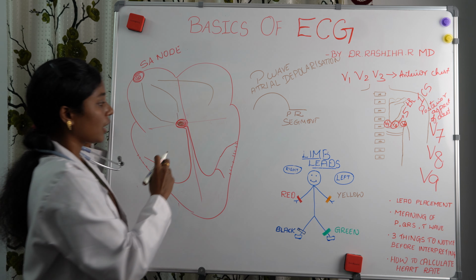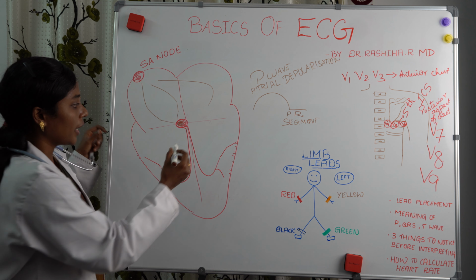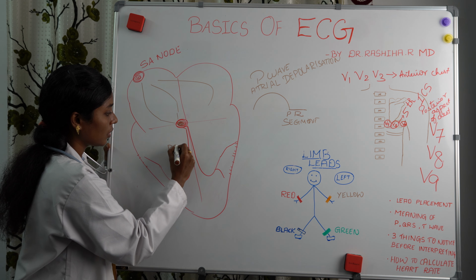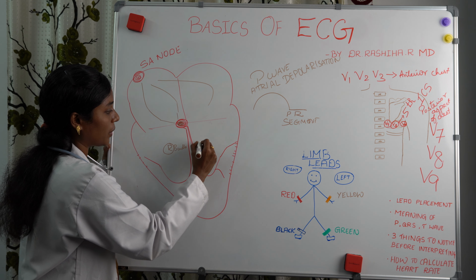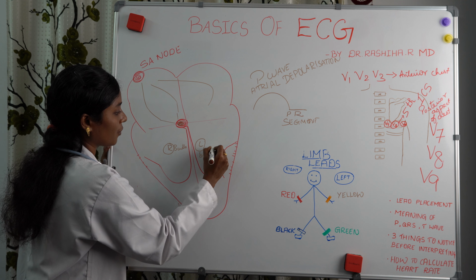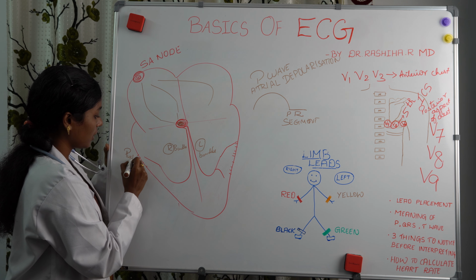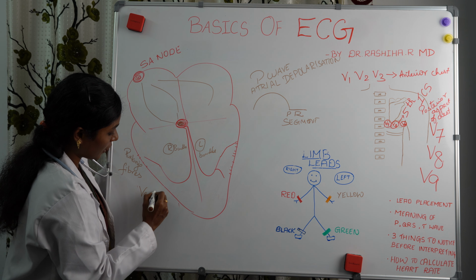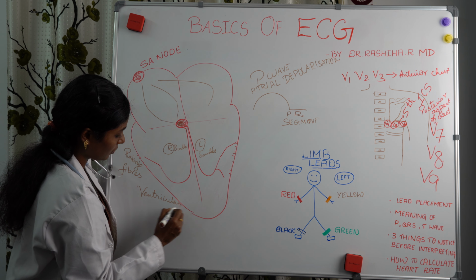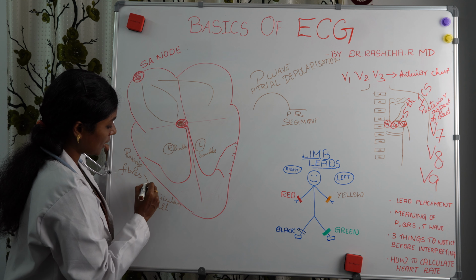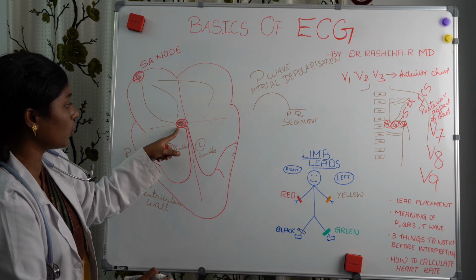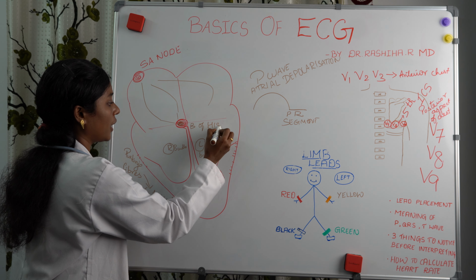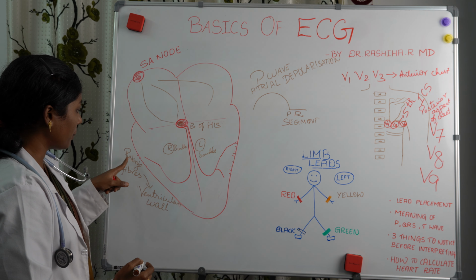Once the impulse comes out of the AV node, it traverses the bundle of His, then the right bundle and the left bundle, and finally it reaches the Purkinje fibers and the ventricular wall.